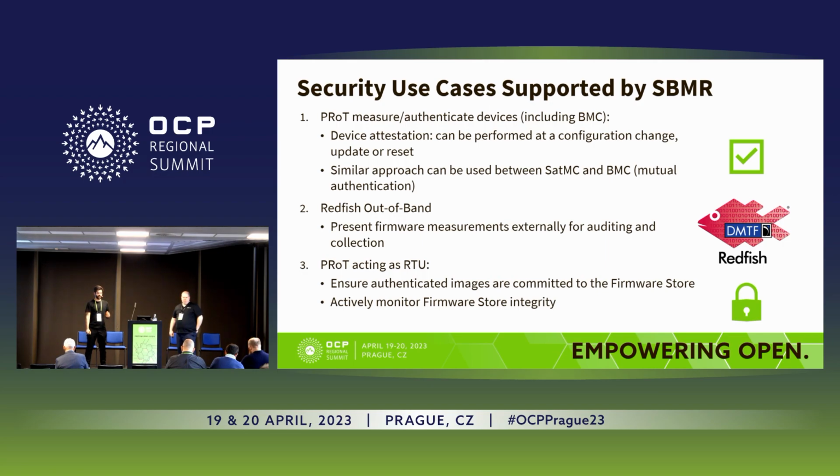All of these activities may lead to changes in the security posture of your endpoint. And with a change in the security posture, the platform root of trust may want to reattest the device. And so there's going to be an event generated, and then the platform root of trust is going to be able to reattest and reestablish trust on this device.